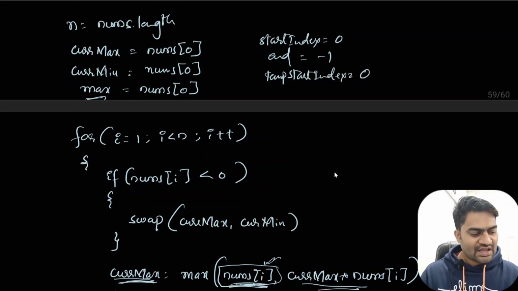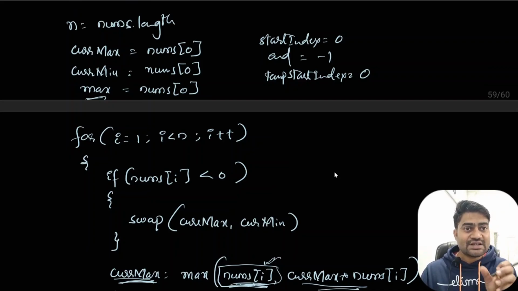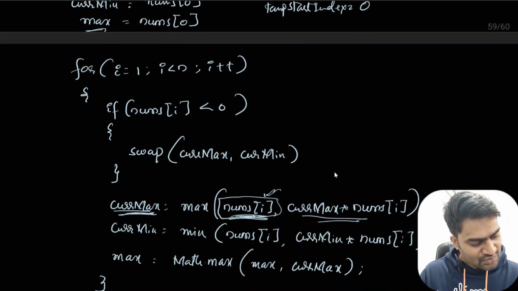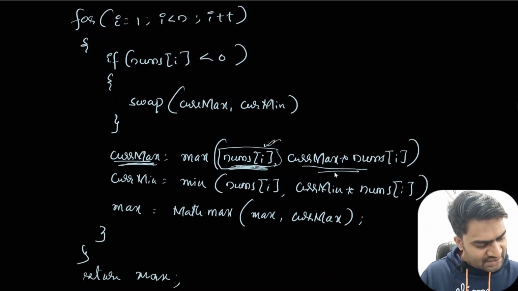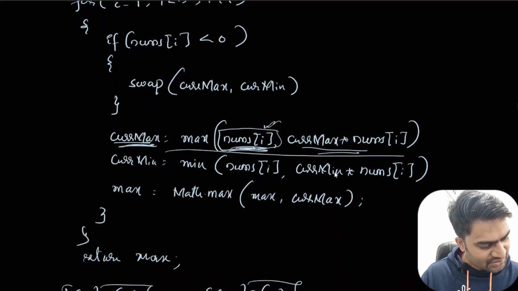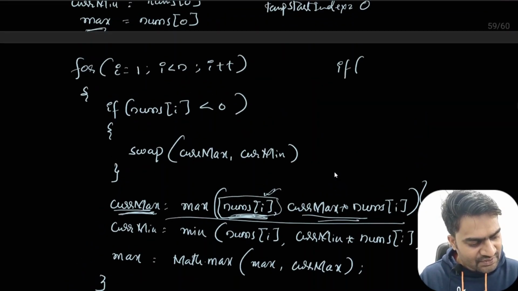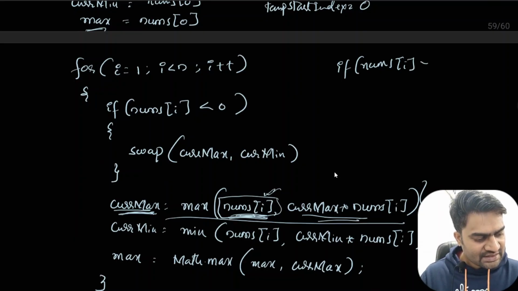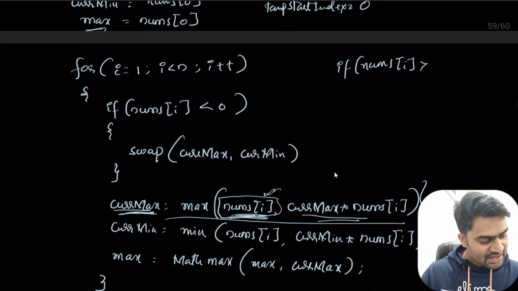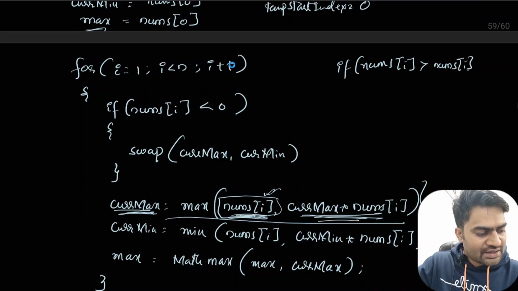Why? Because our temporary start index will give us a reference whenever we get a new subarray which contributes to the maximum product. So now I will make a small modification at this particular point. Instead of this one, I will check if nums[i] is greater than nums[i] * current max.